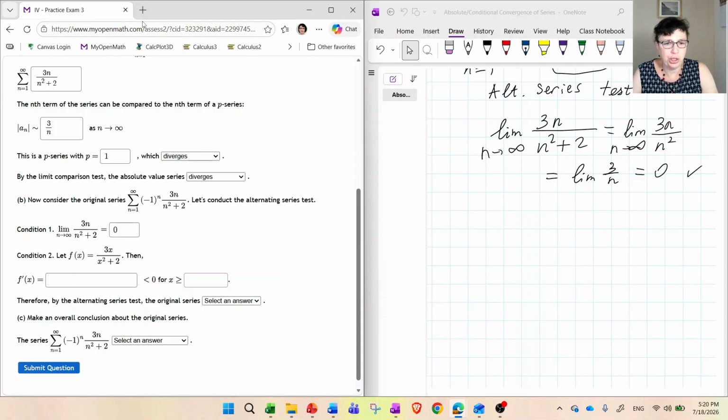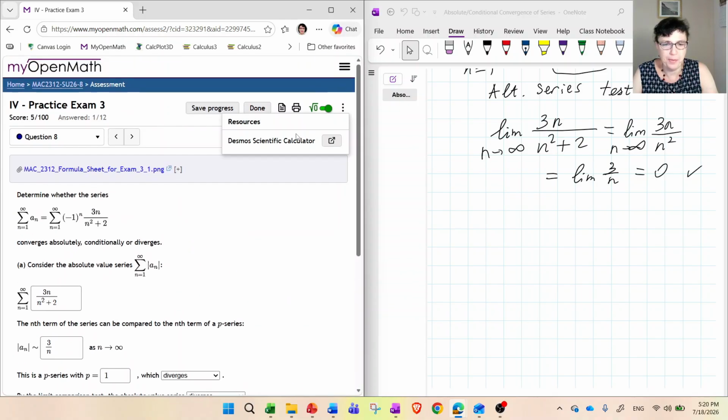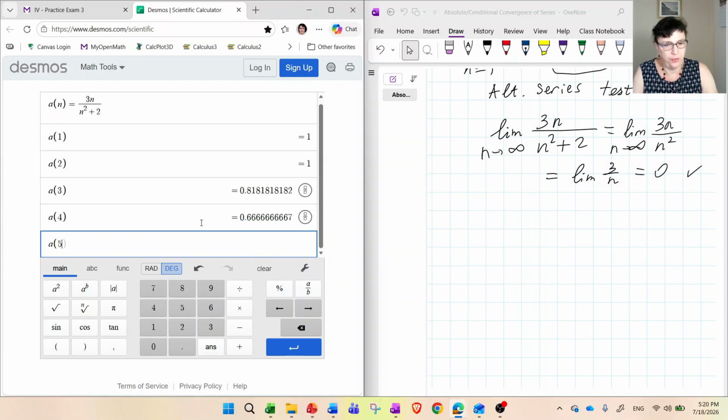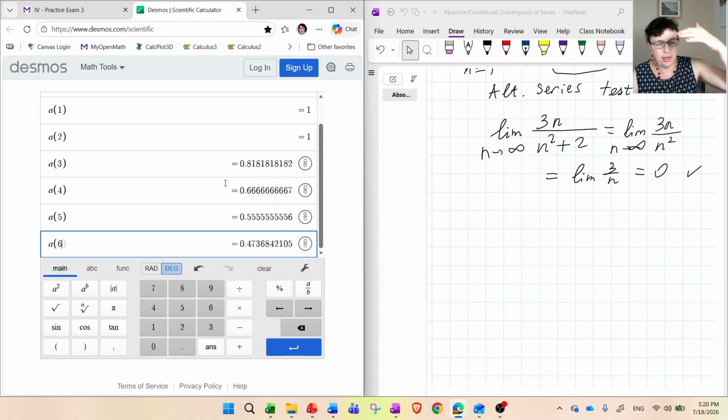Now, just to point out what that means: if you were to enter something like a sub n equals 3n over n squared plus 2, and compute a of 1, then look at a of 2, a of 3, a of 4, a of 5, and so on, you can see something happening. As n increases, the value goes down. That means it's decreasing.